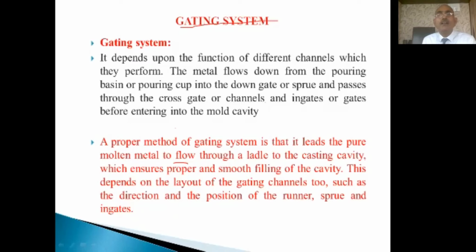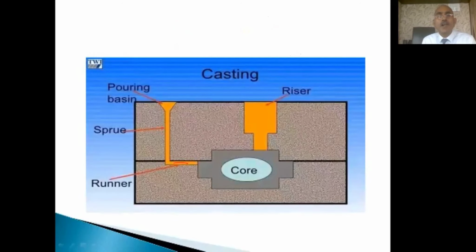You want to see this figure, because in the gating system, I will go back to the same figure which I showed just now. See here also, we are pouring the metal.